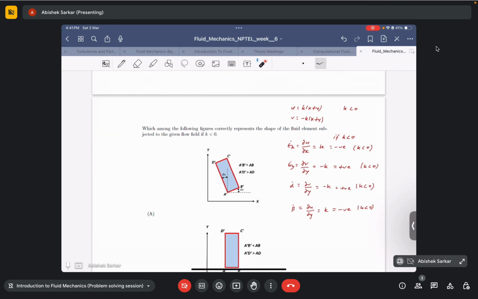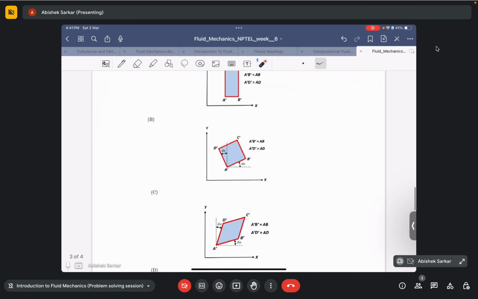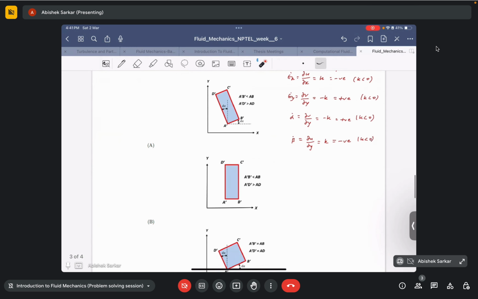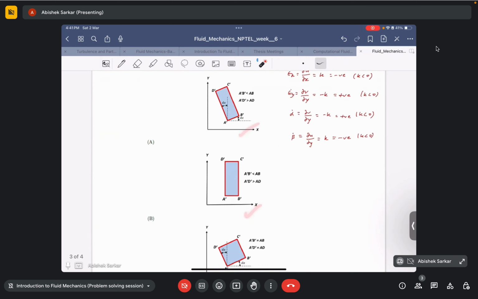Since initially our fluid element was square shaped, and there is a contraction in the x direction, among all the diagrams these two diagrams seem more suitable because there is a contraction along the x direction. So the correct option may be between these two diagrams.